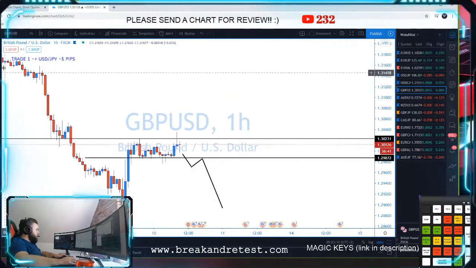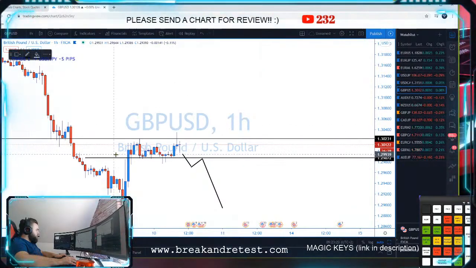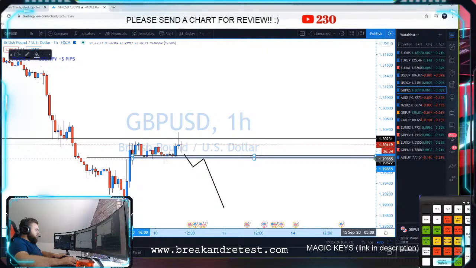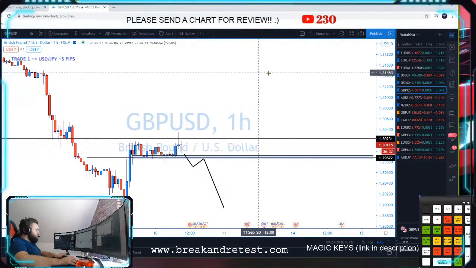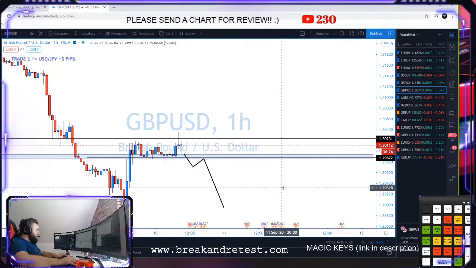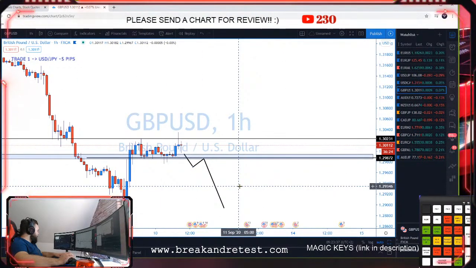Since we created a minor zone here, we don't want to take sells from the top because it wouldn't be safe. But it would be safe when we break this minor zone and we can enter on the retest. This has happened before, and we can expect the same thing again.